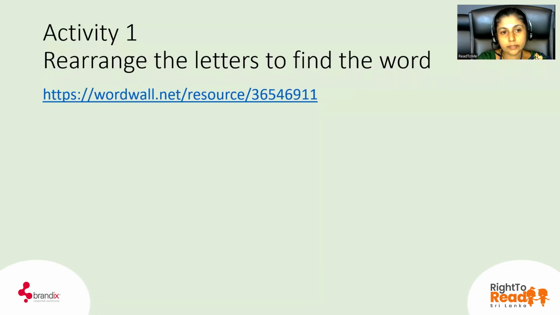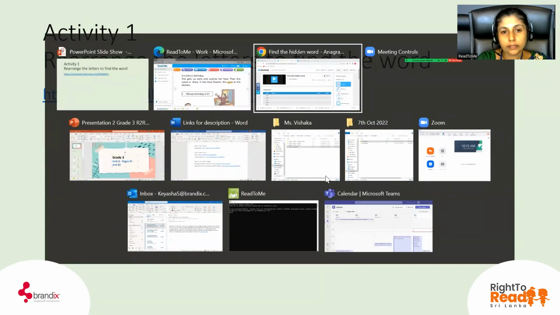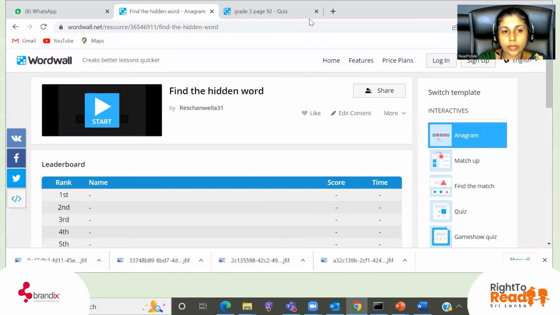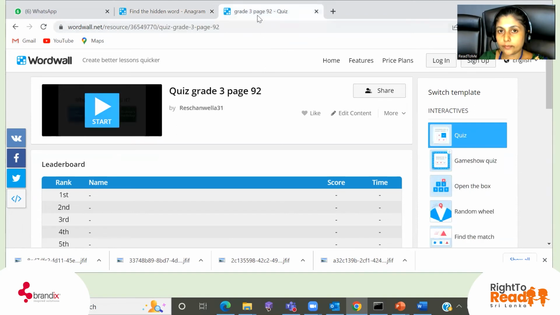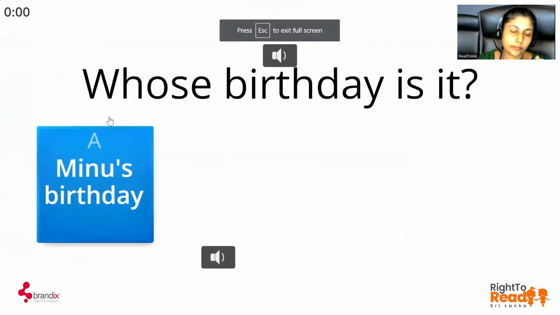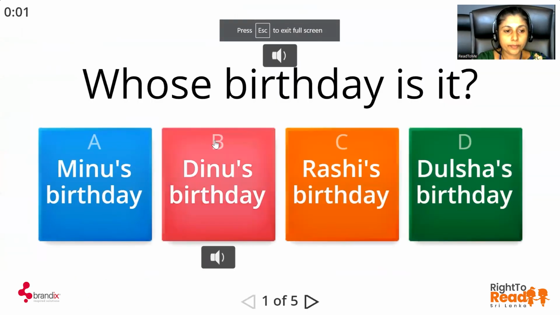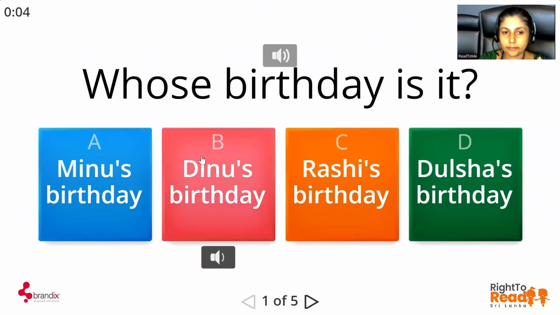In this activity, thinking about the story, you have to do this activity. Now, can you remember the story?